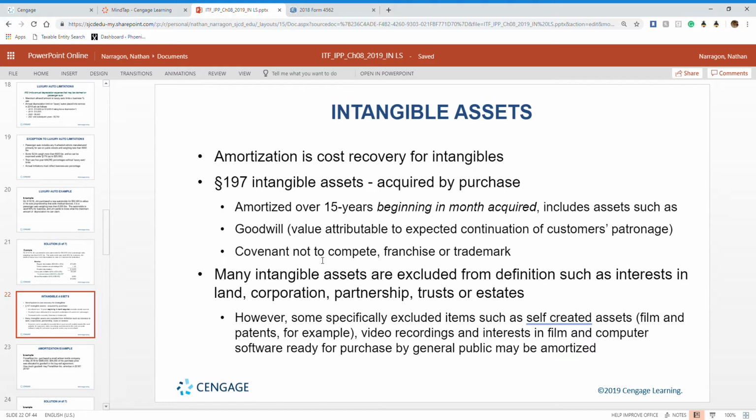However, some items such as self-created assets, films and patents, for example video recordings and interest in films, and computer software usually do qualify. That's basically going back to franchises or trademarks, but we have to amortize them for 15 years.